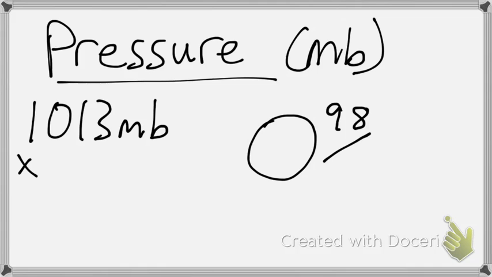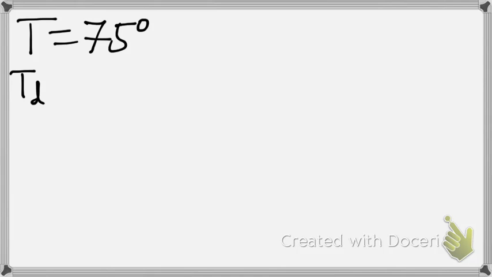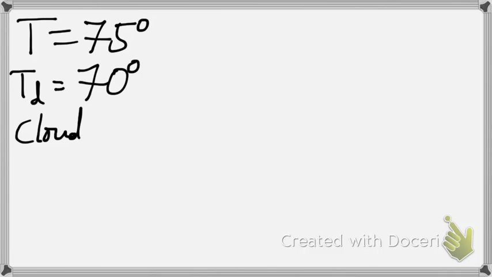That is the basics of a station model. We want an example. Say we have a temperature of 75 degrees with a dew point temperature of 70 degrees under cloudy skies, and say it's raining.